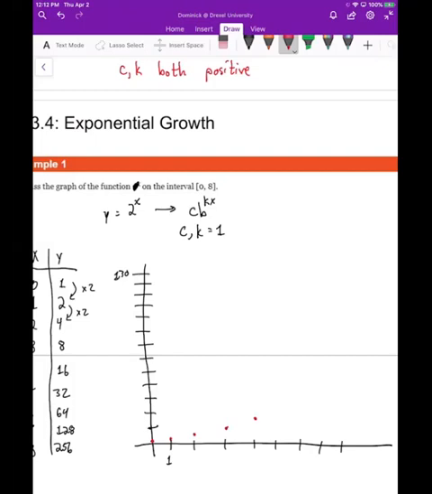And then 32 is a little bit above 30. 64, so 1, 2, 3, 4, 5, 6. Now we're about here. And then 128 is going to be almost at the top here. And then 256 will be off the page, right? So the idea is that your graph is going to look something like this.